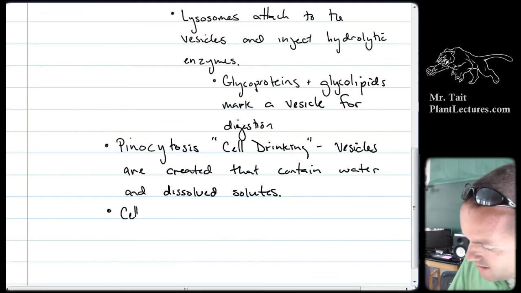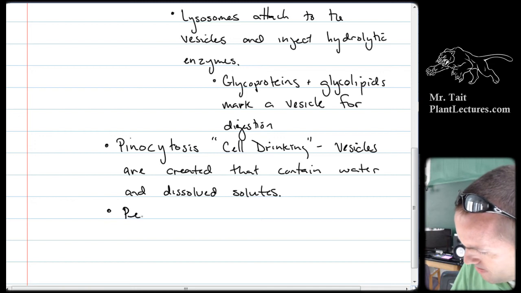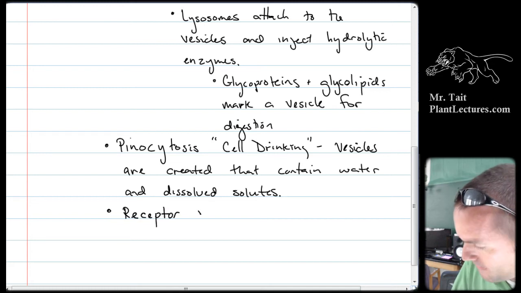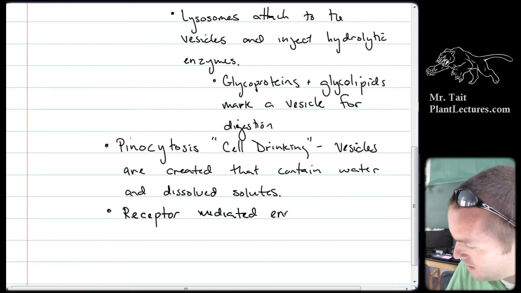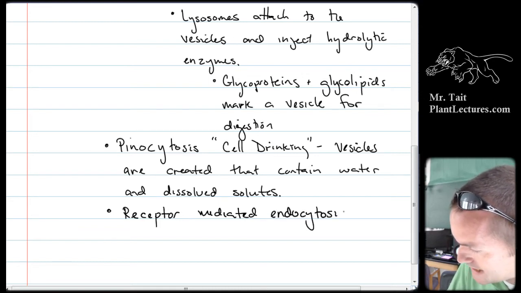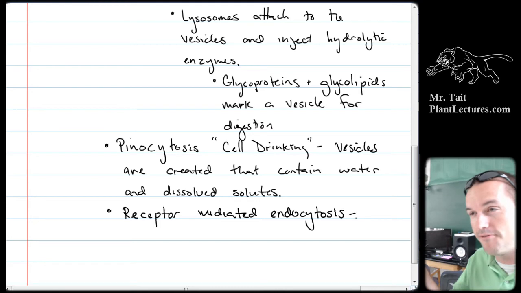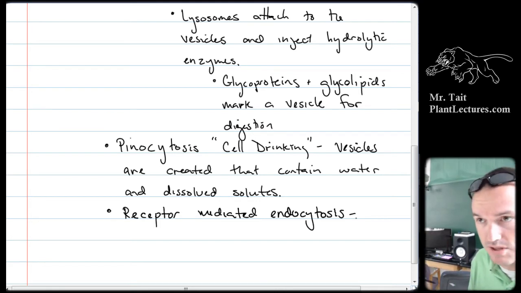Last type is called receptor-mediated endocytosis. In receptor-mediated endocytosis, there's a receptor protein that's going to look for a specific type of dissolved solute, like let's say glucose or something like that. And if there's glucose present, then that triggers the creation of a vesicle.